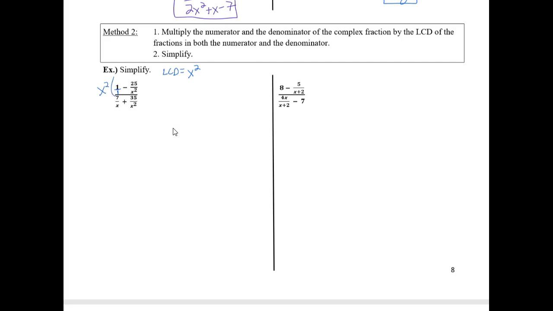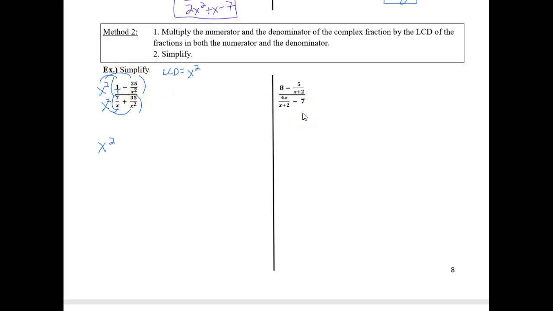X squared times all of this in the numerator, x squared times all of it in the denominator. I have to be sure to distribute to everything. So x squared times 1 is just x squared. X squared times the 25 over x squared, so right here, x squared times this term.